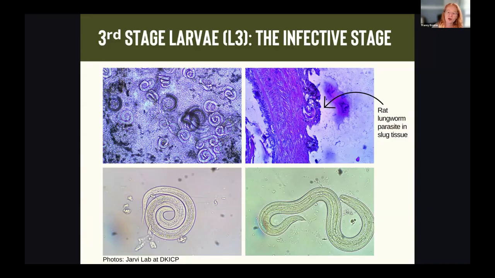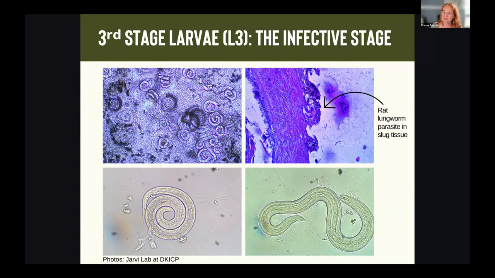This third stage larva goes dormant inside of the slug or snail, and it curls up. So if you see that lower left cube here, how it's curled up, that's the dormancy stage. And you can see a bunch of them in the upper left, right? These guys are just waiting until such time as they are picked up by a rat.